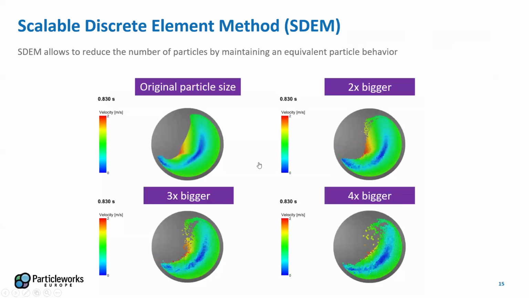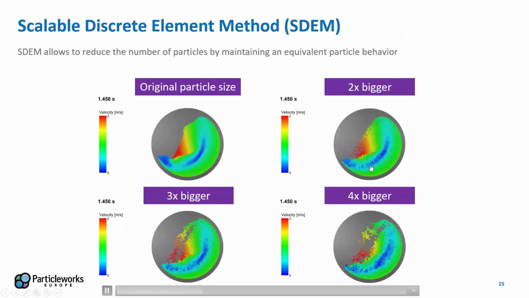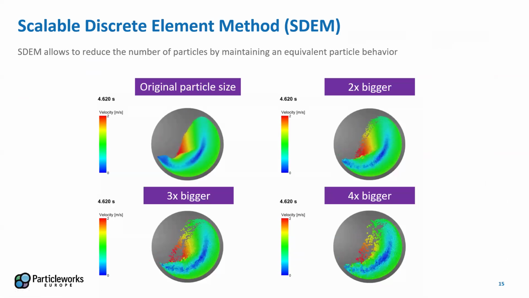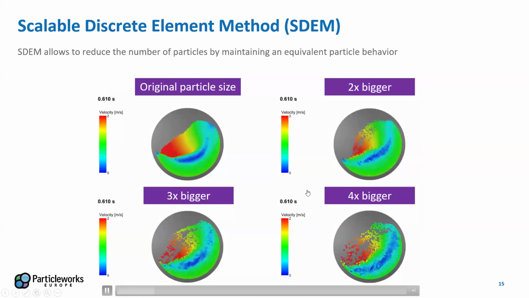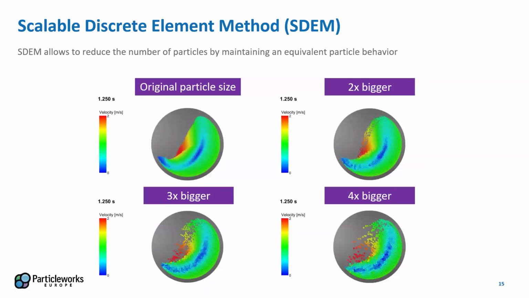And the SDM method, as you can see, lets you achieve very similar results, but with significantly faster simulation. It's a good way, sometimes, when we have a little flexibility on the accuracy we want, to speed up and maybe have a 1 hour total simulation or even a minute simulation.